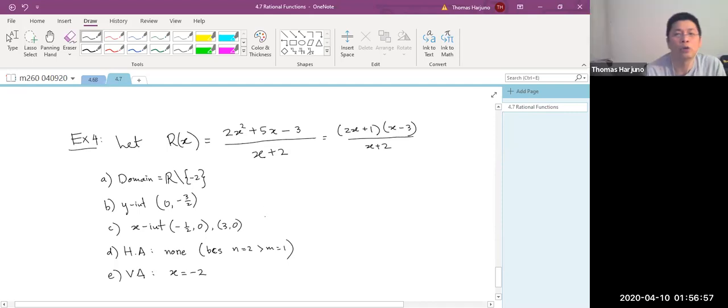Now note, if the degree on the top is one more than the degree at the bottom, like in this case, where the degree on the top is 2 and the degree at the bottom is 1, then R(x), the rational function, has what we call an oblique asymptote.